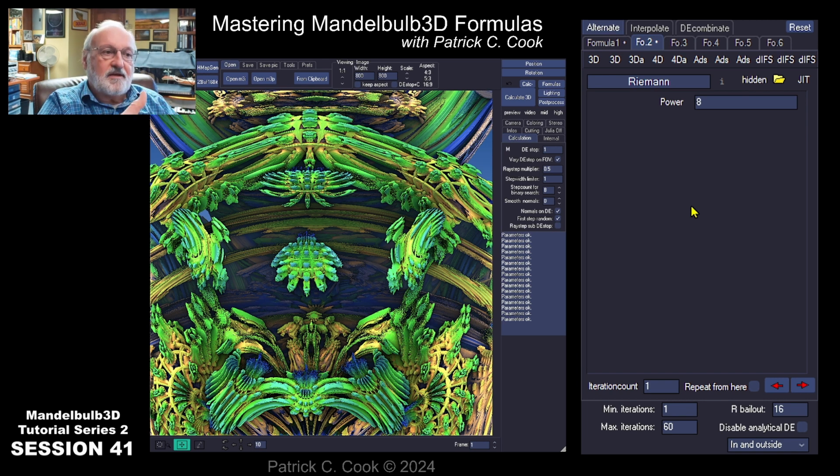I would have to say in this particular scenario, yes. Now that means that I can get a lot more interesting visuals out of these two formulas combined in alternate hybrid mode. That's what it means, is that I can do something with this particular formula combo.